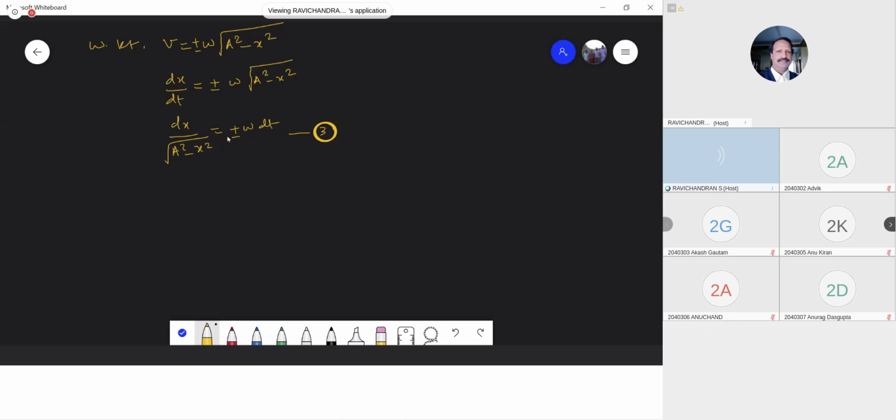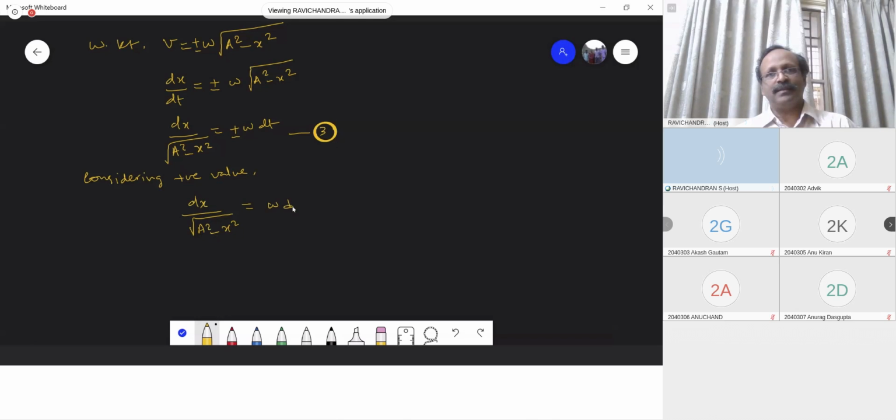Now I want to consider only positive and get the equation, then I consider negative and get the equation. Considering positive value, I get dx divided by square root of a square minus x square is equal to omega into dt. Correct?